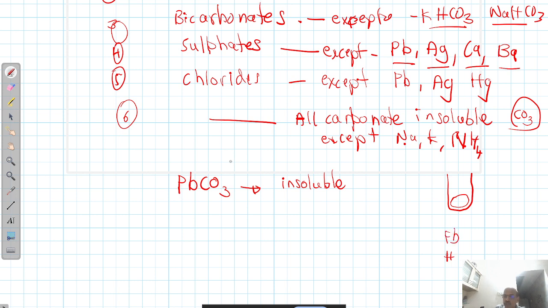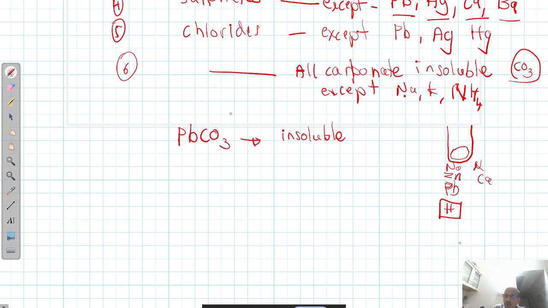Zinc, sodium, potassium, calcium, all these are above the hydrogen. That means these can replace the H. All these can kick out the H from the acid.